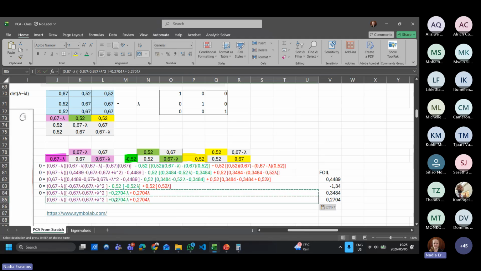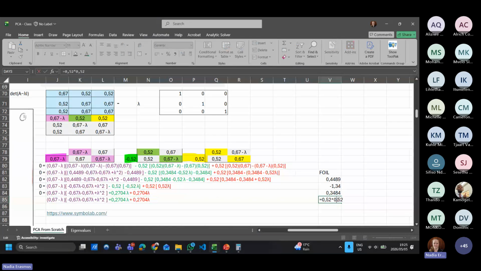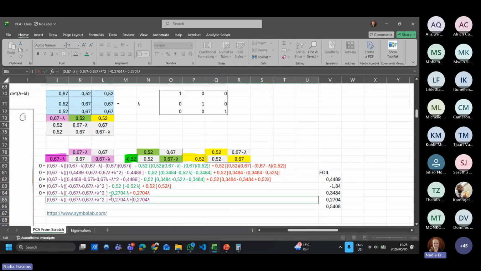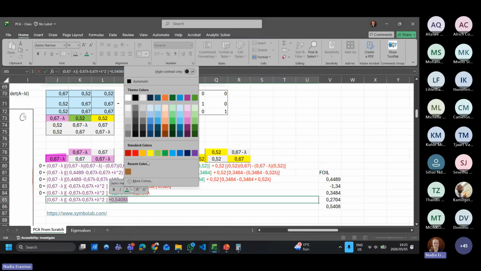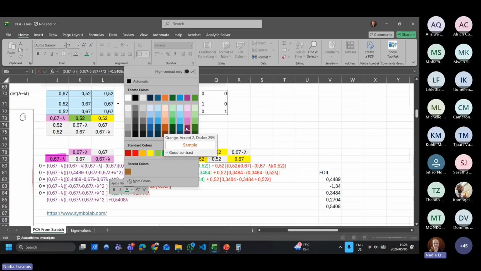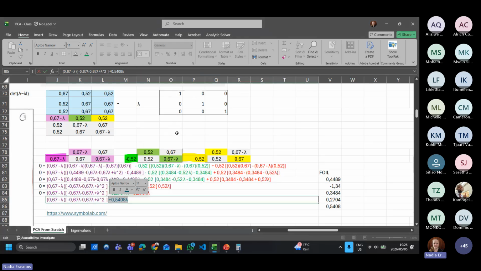Then we can add those two together already before we calculate the rest. So let's just do this value multiplied by 2. These two added together is 0.5408 lambda. I'm going to change it to a different color. Which color should I change it to? Blue.